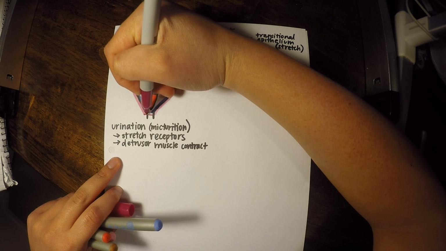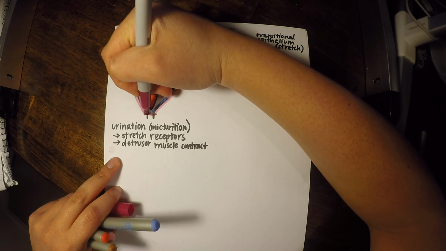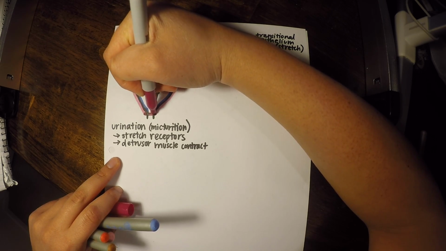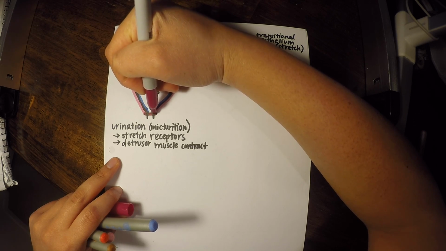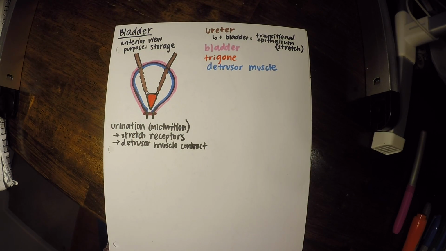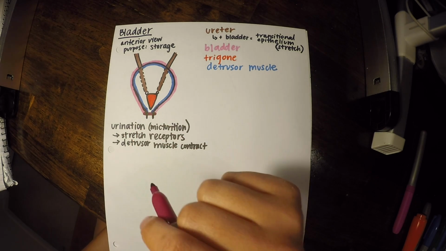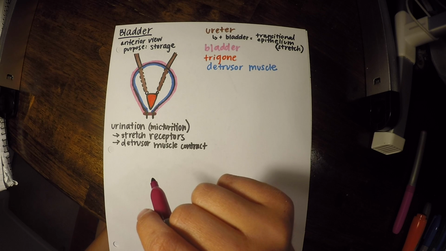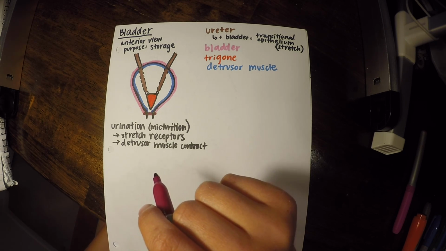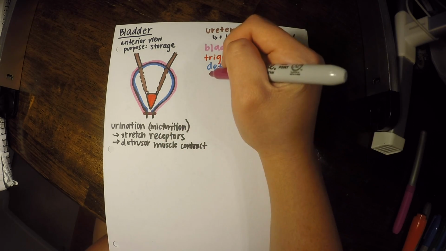Our first sphincter is going to be right here. And remember, we oftentimes have a sphincter muscle when we're talking about transitioning from one organ or one area to another. So what this maroon thing right there is called our internal urethral sphincter.